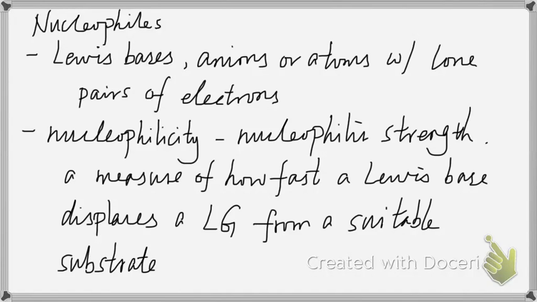This is a measure of how fast the Lewis base displaces a leaving group from a suitable substrate. There are some criteria that I want to describe here regarding the nucleophilicity of the nucleophiles as opposed to its basicity.